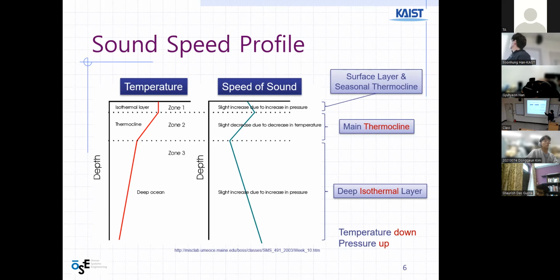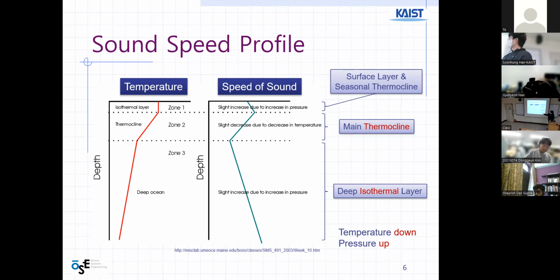It's called the surface layer. And in the deep ocean, water is heaviest at 4 degrees Celsius, so in the deep ocean the temperature is about 4 degrees Celsius.